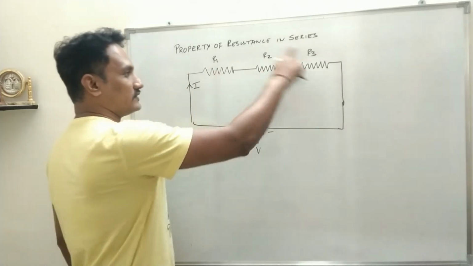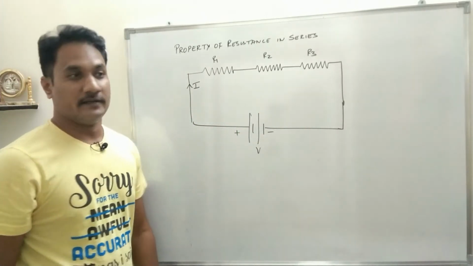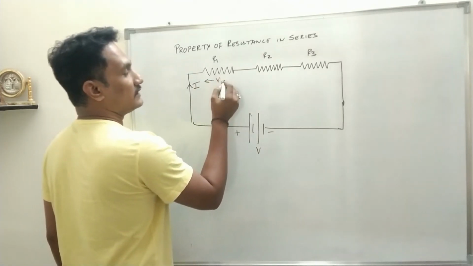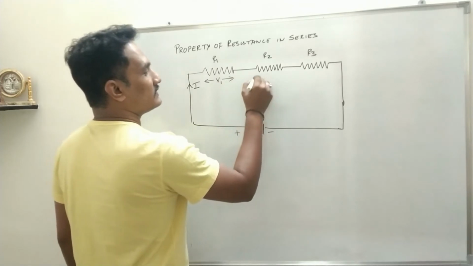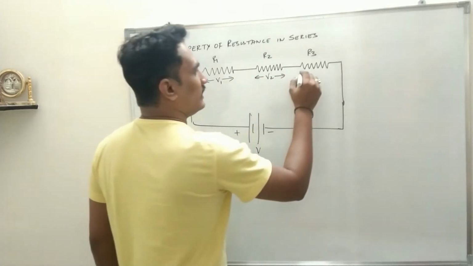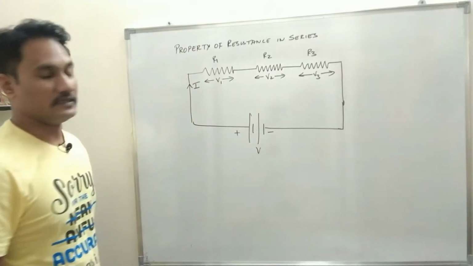It will flow from the positive terminal to the negative terminal, but the voltage will divide. The voltage across R1 let it be specified as V1. Similarly the voltage drop across R2 as V2, and the voltage drop across R3 as V3.